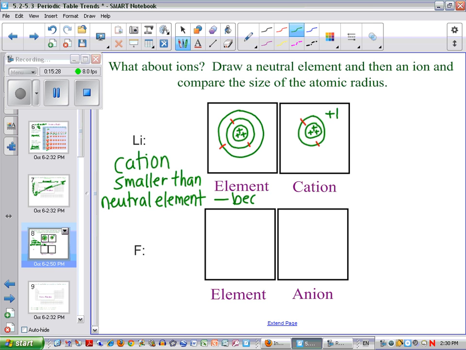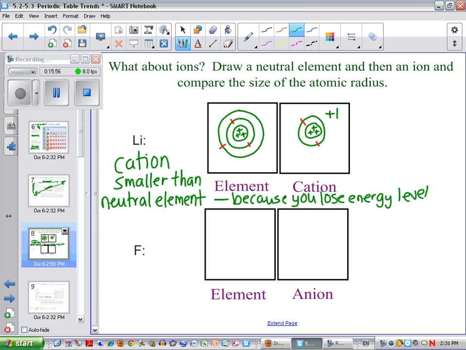Because when you become a cation, you lose your outermost energy level. You lose an energy level, which automatically makes you smaller. It's like peeling off a layer. So positive ions are always, make sure you circle in your notes, smaller than its neutral atom.